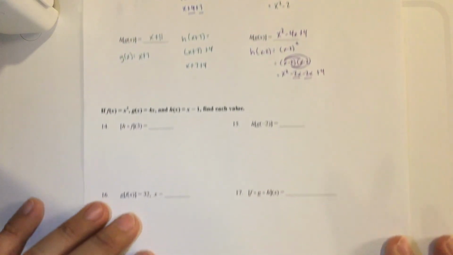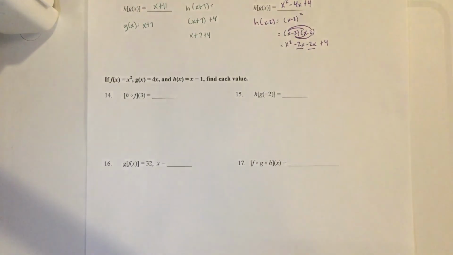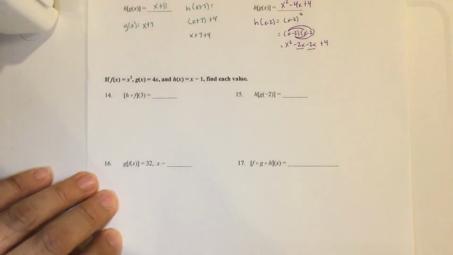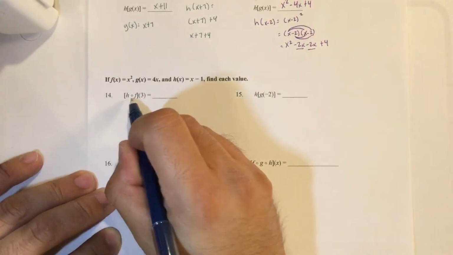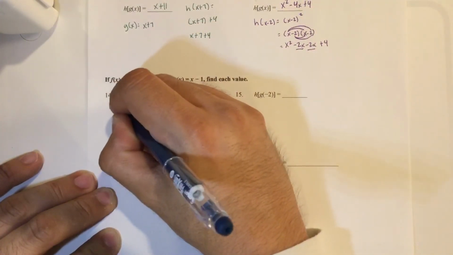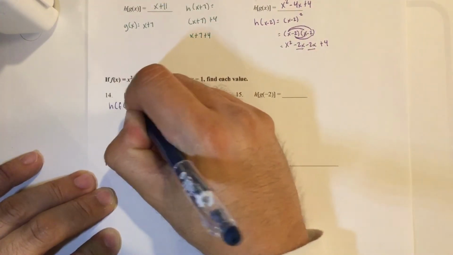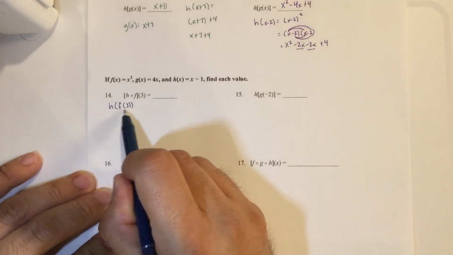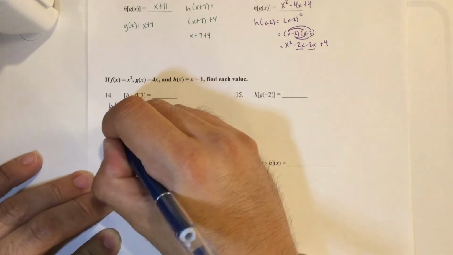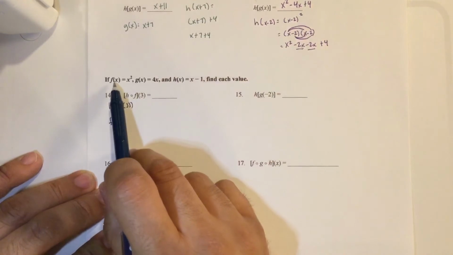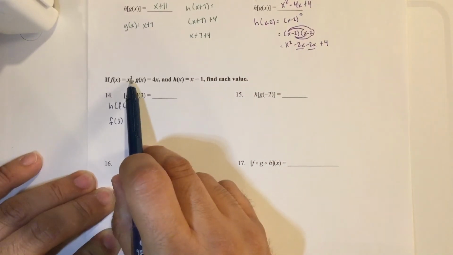All right, moving on to the last 4 problems. Hopefully you're starting to see that it's not as bad and that numbers are pretty easy to use. So h of f of 3, I'll write this over here. And we can see the numbers in the inside, so we're going to start with f of 3. So we look for the f function, which happens to be the first one, which is x squared.